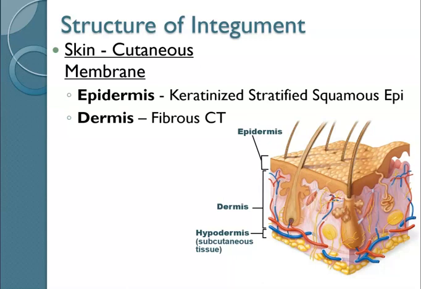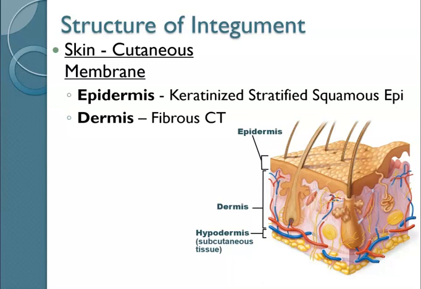So we have the epithelium as well as the connective tissue. In the epithelial part is the epidermis, the top layer of our skin. That's made up of keratinized, stratified, squamous epithelium. Stratified squamous epithelium protects the underlying layer from abrasion.